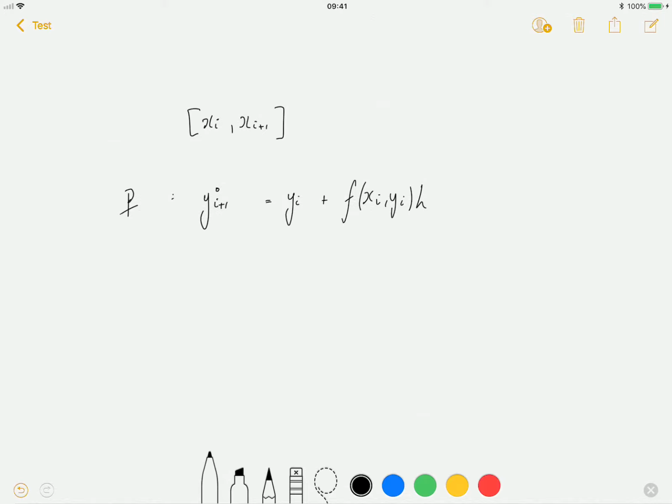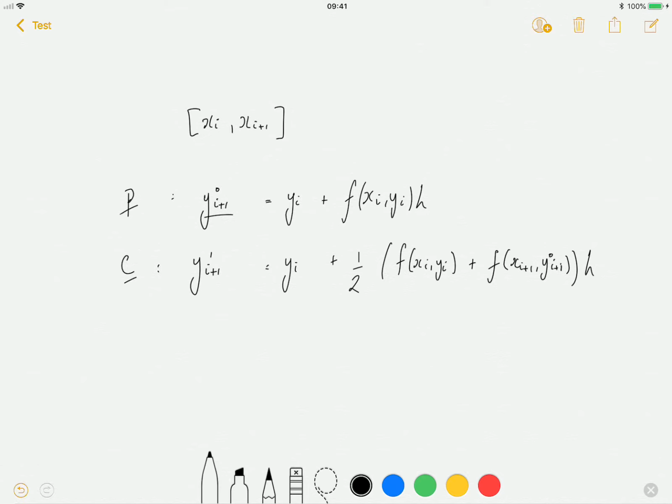Then we come along and we correct this by saying our new estimate of y of i plus 1 is equal to y of i plus the average of the slope at x of i and the slope at x of i plus 1 and y of i plus 1 at our predicted y i plus 1 value, multiplied by h.